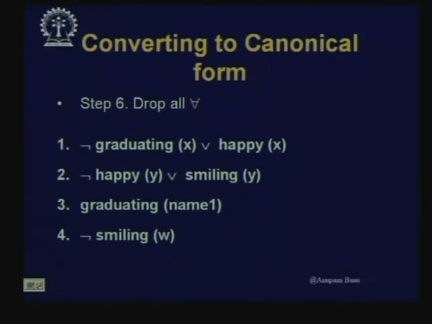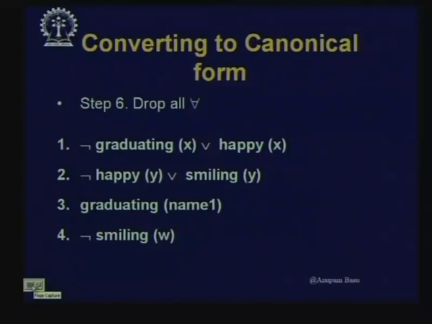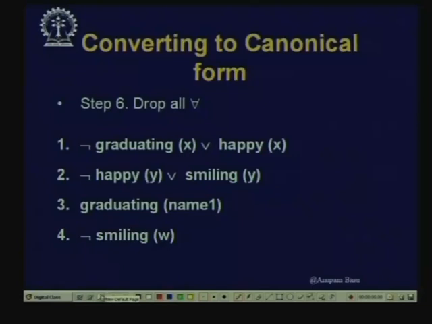Now, in this case again, we have only disjuncts. Now, in a canonical form, it can be conjuncts of disjuncts. What is a disjunct? Again, let us go here. Say I have got Px or Qx.